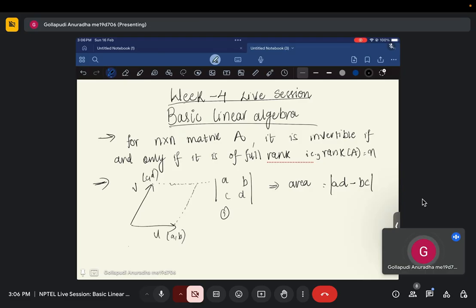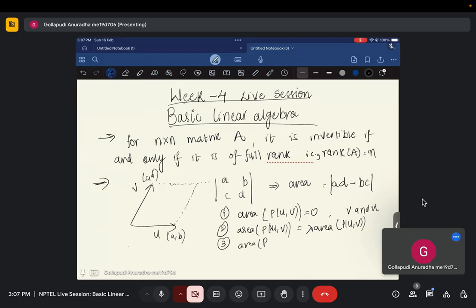A few properties were discussed on this area. One property is: if the area of the parallelogram with vectors u and v is 0, it means that u and v are coinciding. Another property is: if one of the vectors is multiplied by a scalar, then you can bring that scalar out, similarly for the other case.